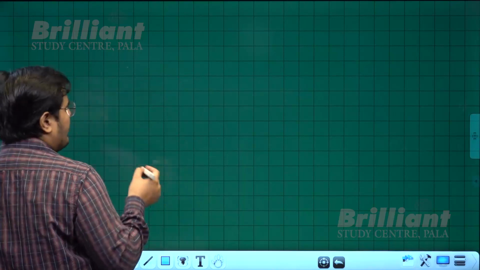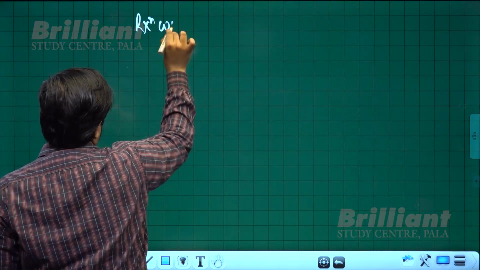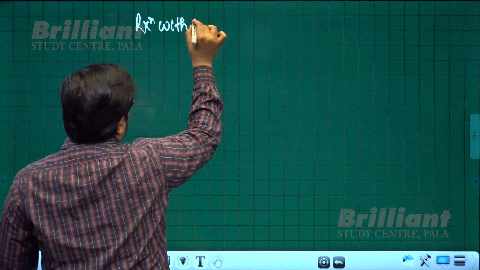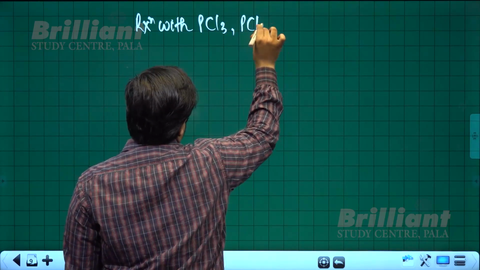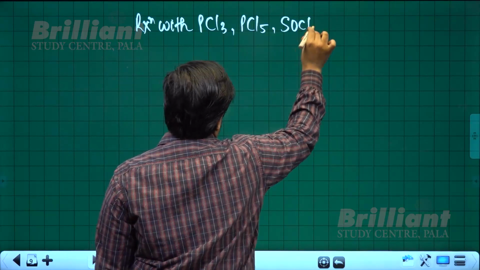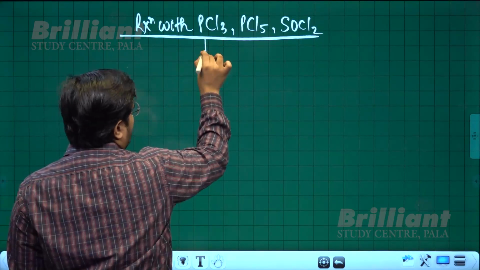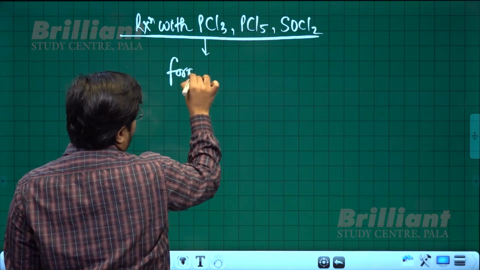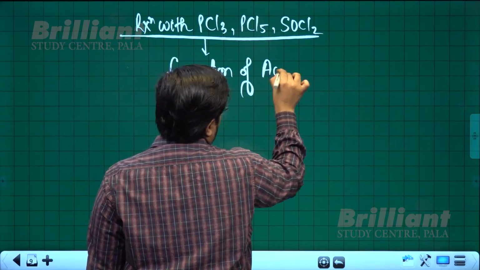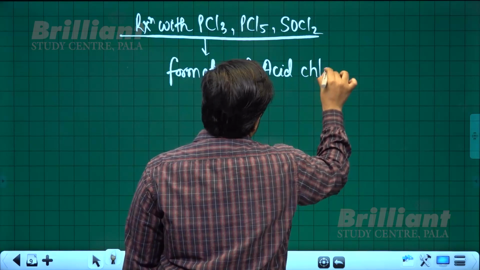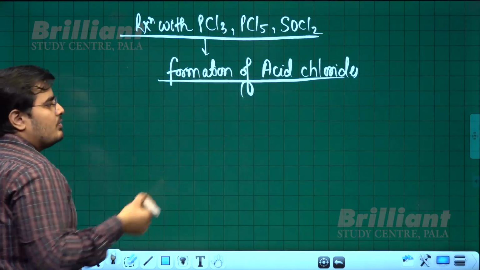Next reaction that we are going to discuss is reaction with PCl3, PCl5 and thionyl chloride. So if a carboxylic acid reacts with any of these reagents, it actually leads to formation of acid chlorides. These mechanisms you have already learnt in the conversion of alcohols into alkyl halides.